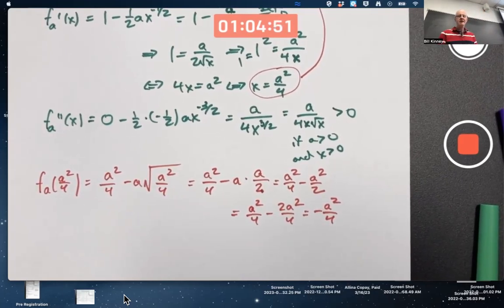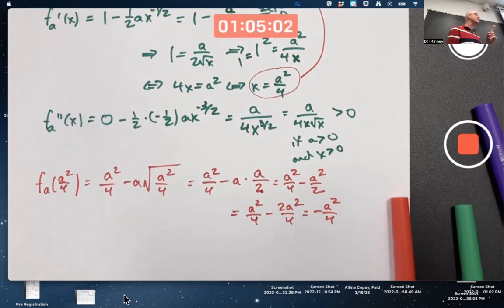The y coordinate of the local min is the opposite of the x coordinate. That doesn't usually happen. That's pretty interesting. And actually it helps me graph it.